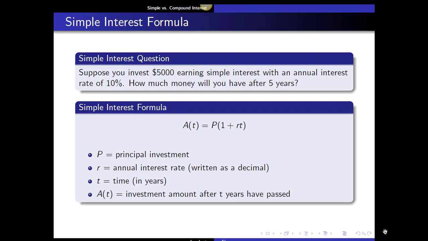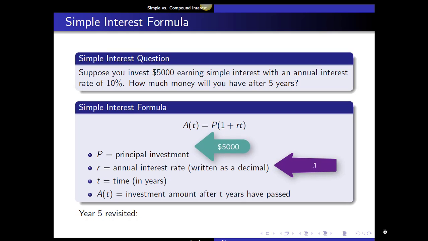What is actually happening here? Well, if we're revisiting year 5, our principal investment is $5,000. That's how much we started with. Our annual interest rate is actually 10%, but we want to write it as a decimal, so that would be 1/10 or 0.1.